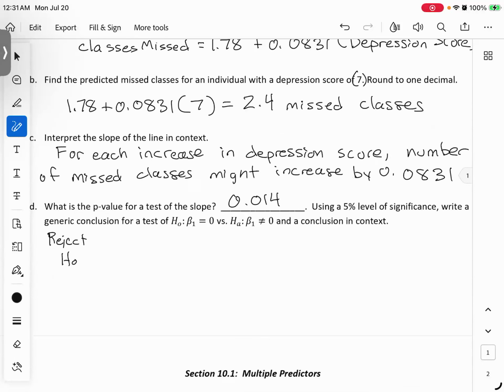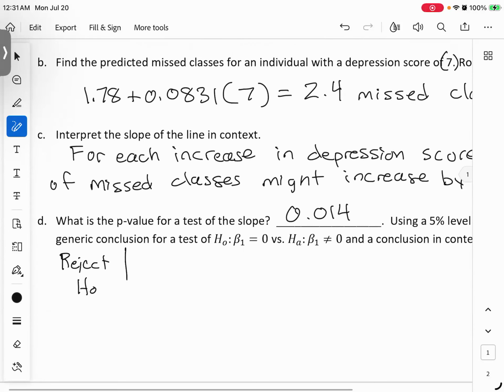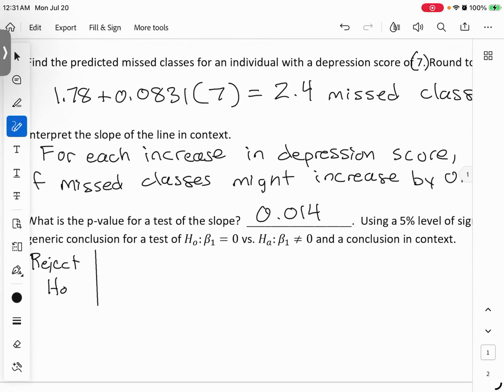If somebody's not feeling well, they might not want to go to school. So we're going to reject the null hypothesis. The p-value gave us a statistically significant result, and we can say that there is enough evidence to suggest or to support a linear relationship.